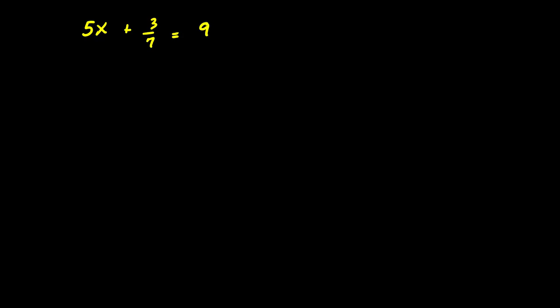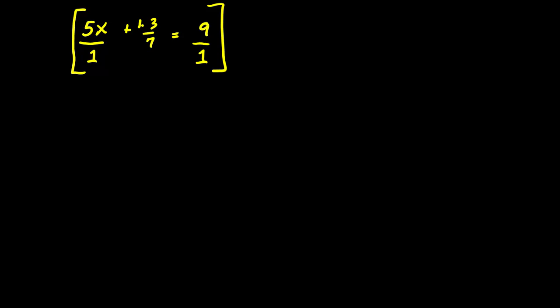And to do that, we're going to multiply this entire equation by 7 over 1, because this is really 1 times 3 over 7. And since I'm working with fractions, I'm going to make everything into a ratio, a rational number. And then I'm going to draw brackets around this entire equation. And I'm going to multiply everything by 7 over 1.